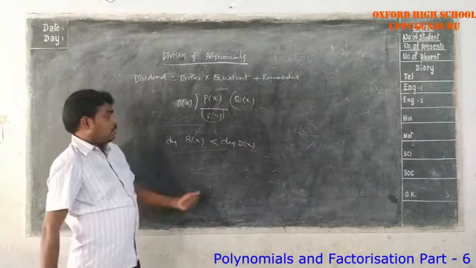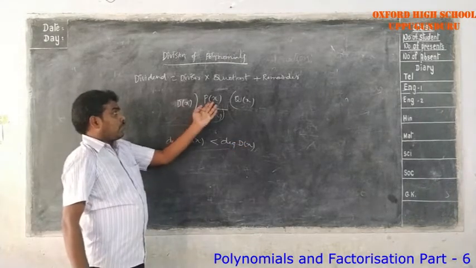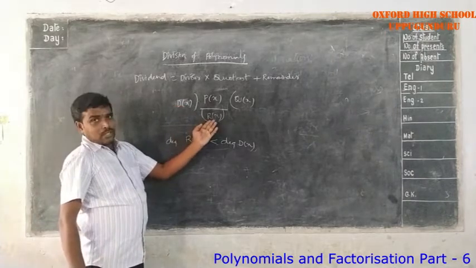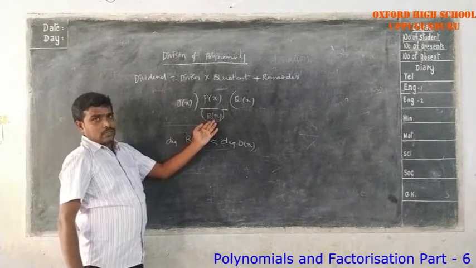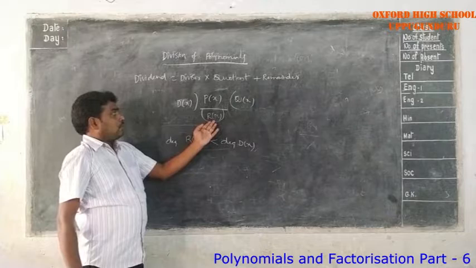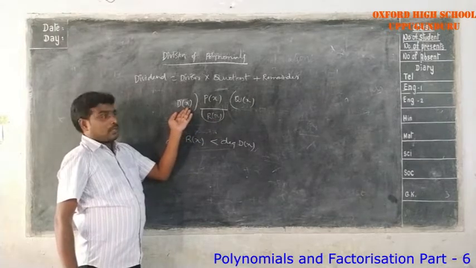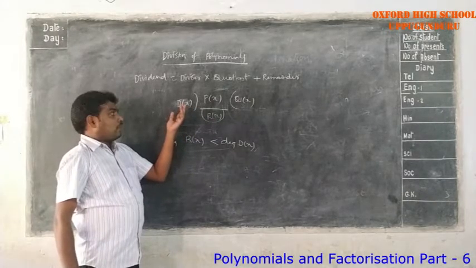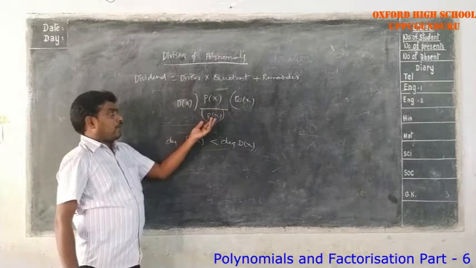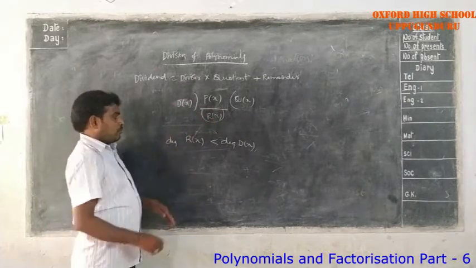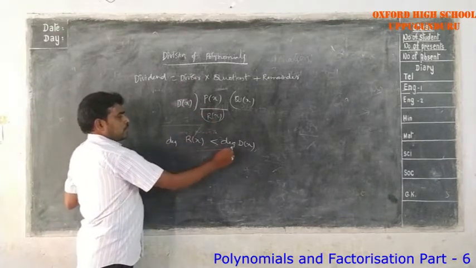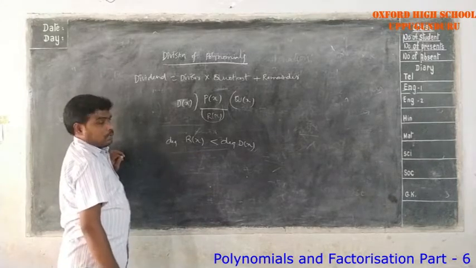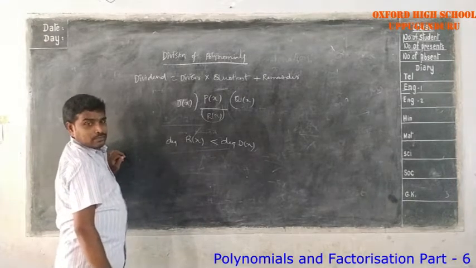That means you have to check whether the degree of the remainder is less than the degree of the divisor or not. Up to there you have to divide. After that you have to write that remainder. That means the degree of r of x is always less than the degree of d of x.